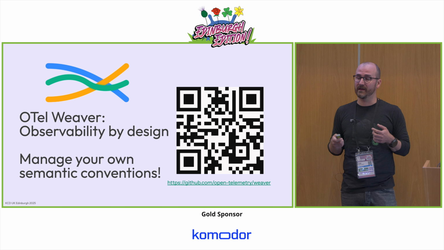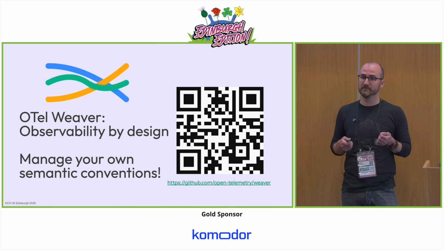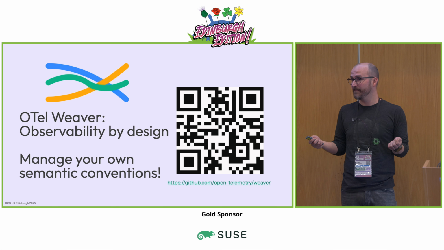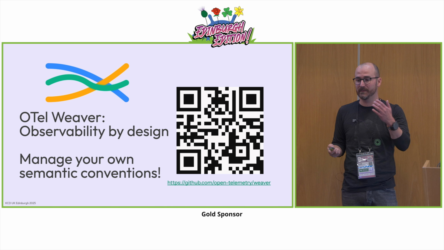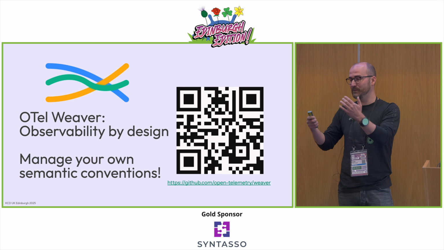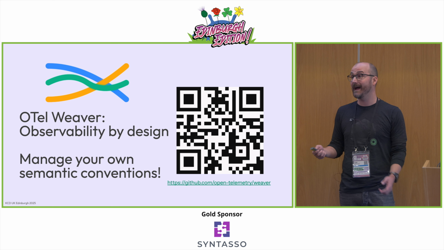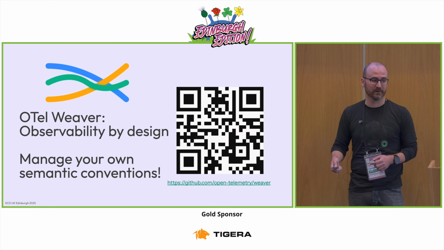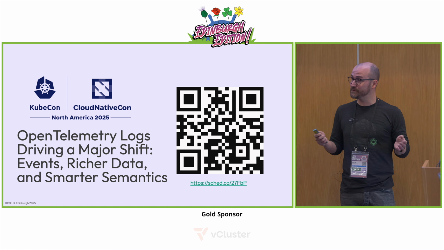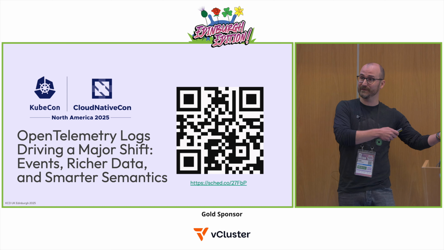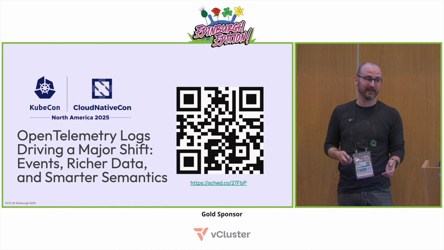The idea here is that observability should be something that you do by design. It's not something that comes after you deploy a new feature, right? It needs to be part of your development workflow to add telemetry and to make it stable. And that's what Weaver gives us. We have a couple of talks that will evolve from some of the concepts we spoke about today.